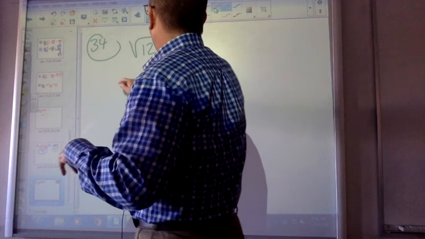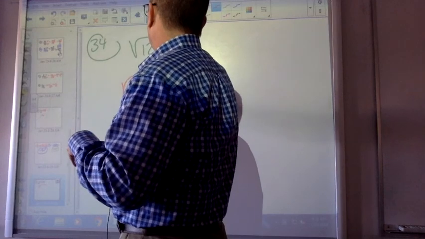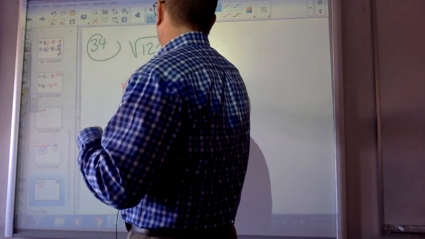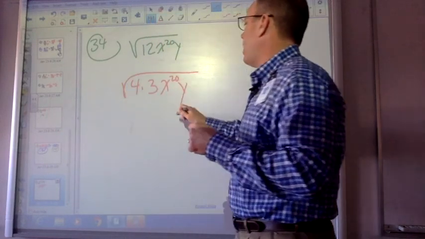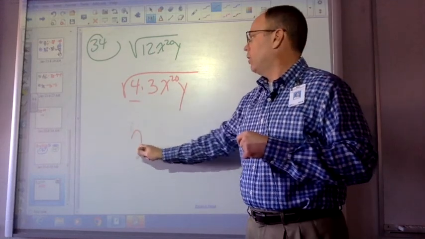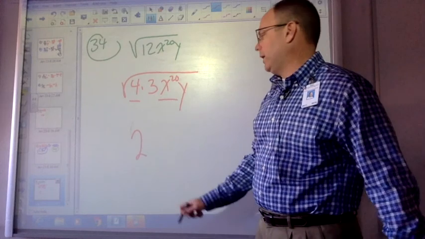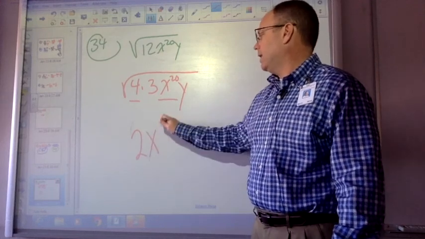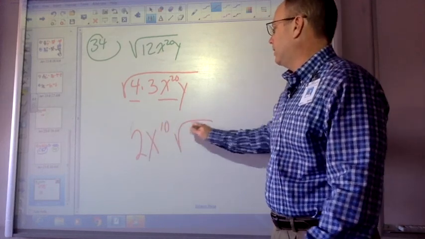So let's break 12 up like this. And then x to the 20th is a perfect square, so nothing to do there. But y is not. Okay, so what's the square root of 4? 2. What's the square root of x to the 20th? X to the 10. And then I'm left with this in the radical.